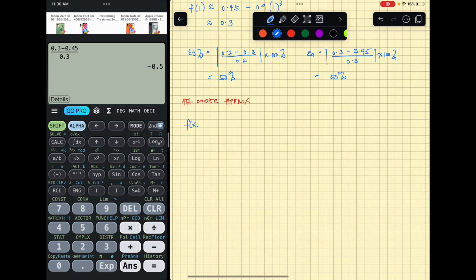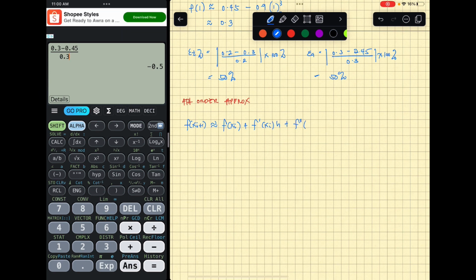f of x sub i plus 1 is approximately f of x sub i plus f prime of x sub i times h plus f double prime of x sub i times h squared all over 2 factorial plus f triple prime x sub i h cubed over 3 factorial.